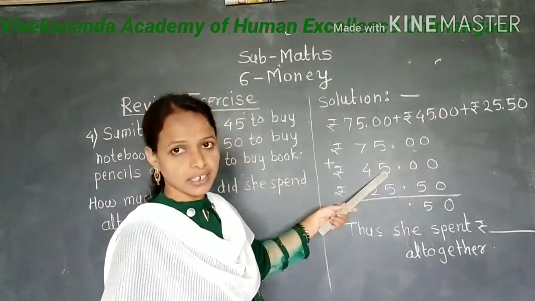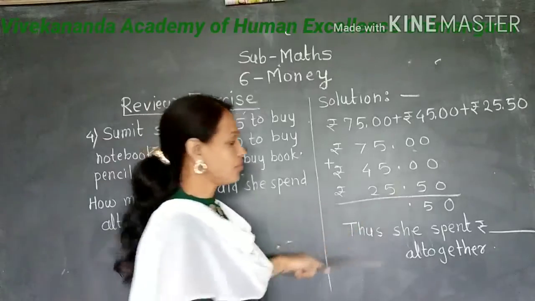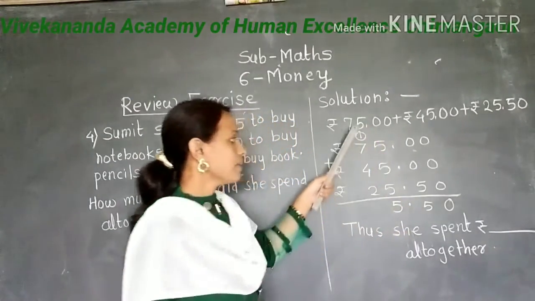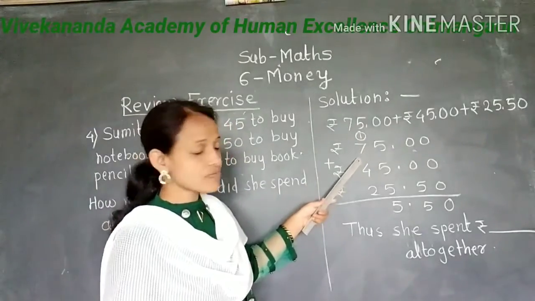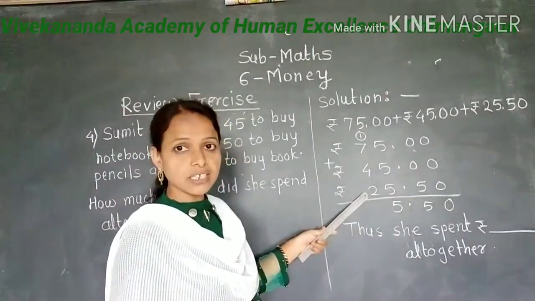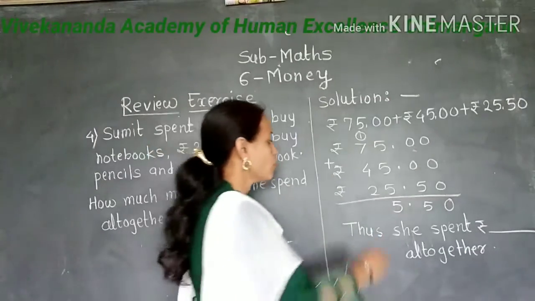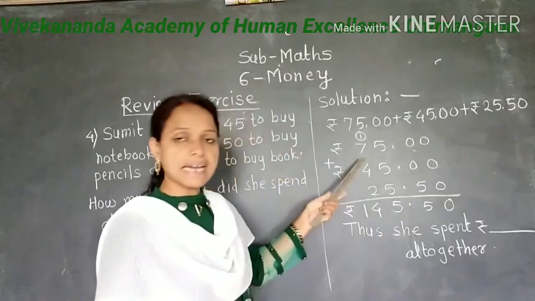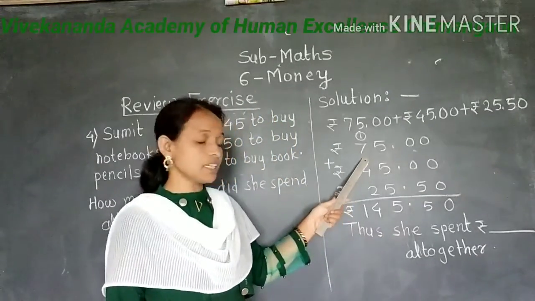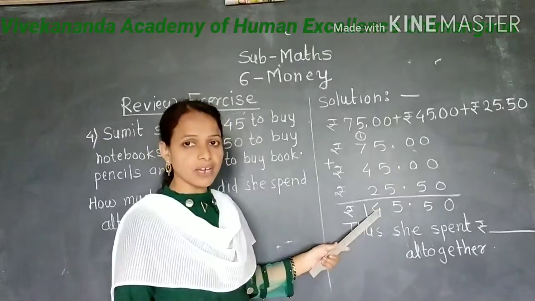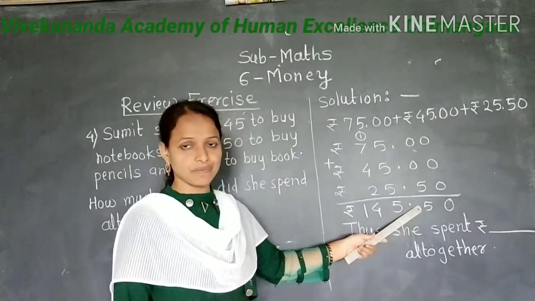5 plus 5, 10. 10 plus 5, 15. 5, carry over 1. 1 plus 7 plus 4, 11. 11 plus 2, 13. 13 plus 1 carry over, 14. So by adding these three amounts we get the answer 145 rupees 50 paise.